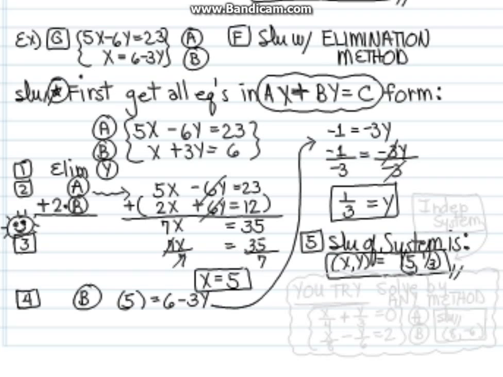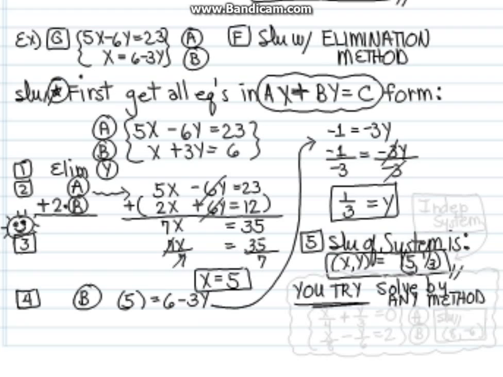Now I would like you to do a you-try problem. I'll write it here at the bottom. You try. I want you to solve by any method. When I say any, I mean any of the two methods that we just saw, substitution or elimination.